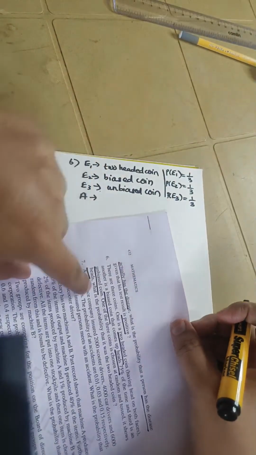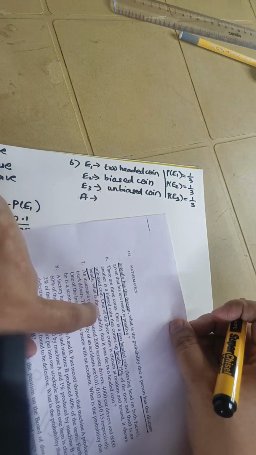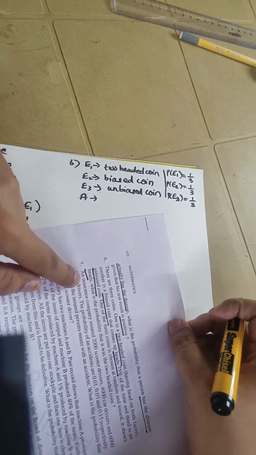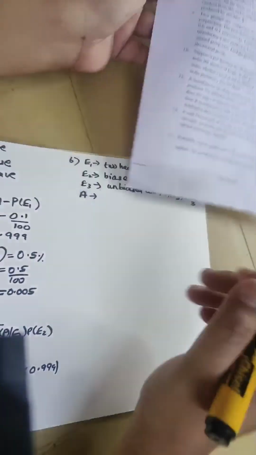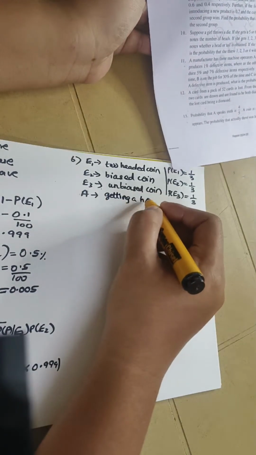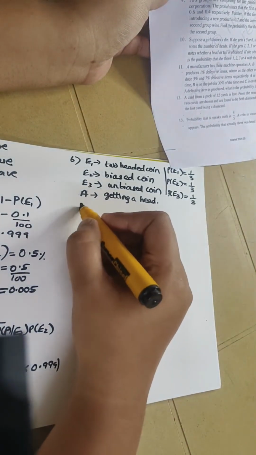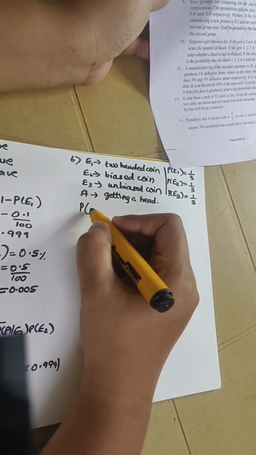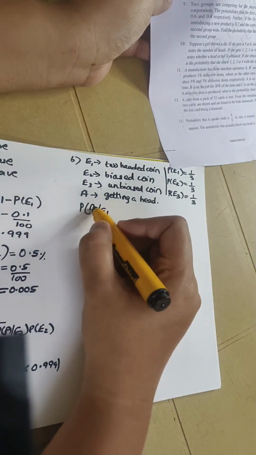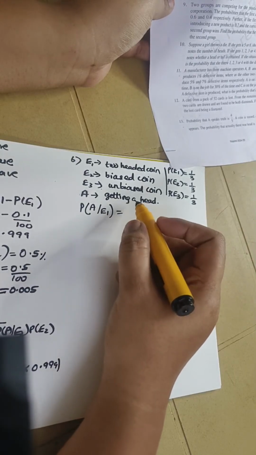Okay, and here it shows heads. What is the probability that it was the two-headed coin? It shows heads. So A will be the event of getting a head. Now I know that it is the two-headed coin. I should find what is the probability of getting a head.